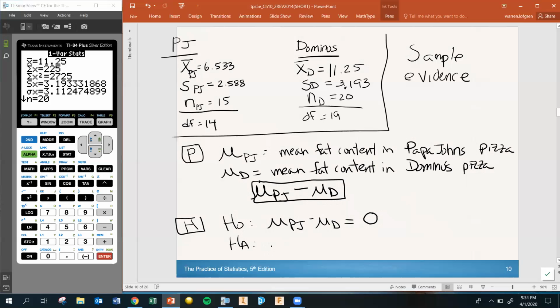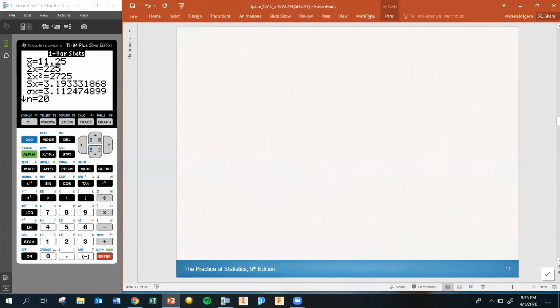So that didn't say that Papa John's is more, Domino's is more. It didn't give you a direction. It just said, we wonder if they're different. So I'm going to do that the mean of Papa John's minus the mean of Domino's fat is just simply not 0. And you might remember this is going to tell you you're going to have a two-sided test here. All right, so we got our P and H set up.